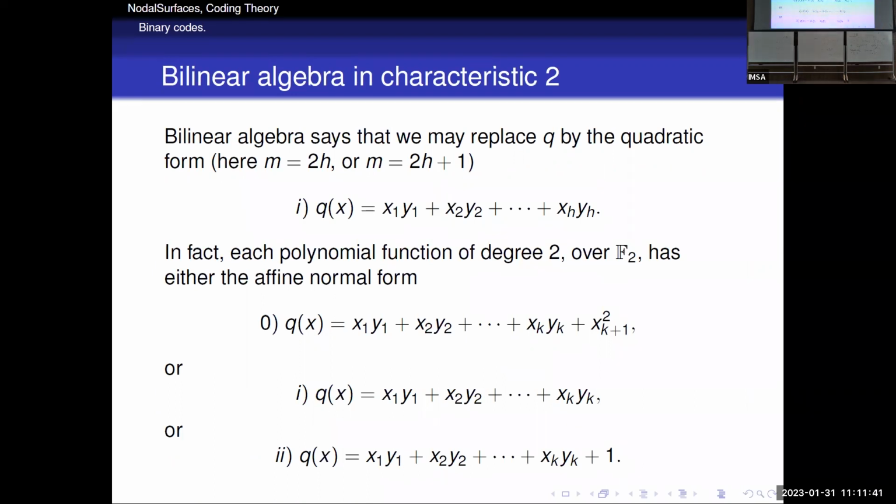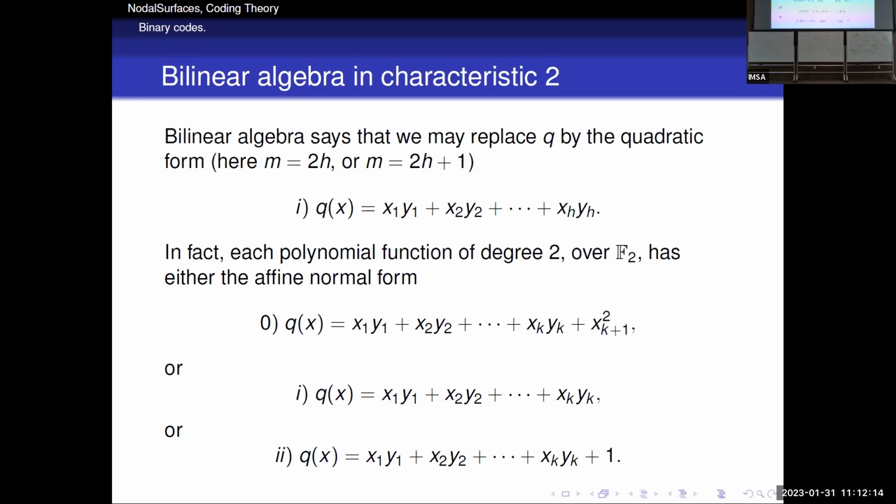But in fact, there is a canonical form: you can write Q as a sum x1 y1 plus x2 y2 plus up to xh yh, modulo constants, because xk plus 1 squared, since you have a finite field, is a linear form, so you can really reduce to that.